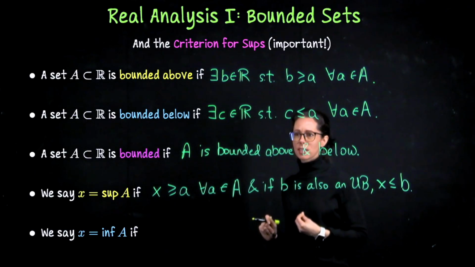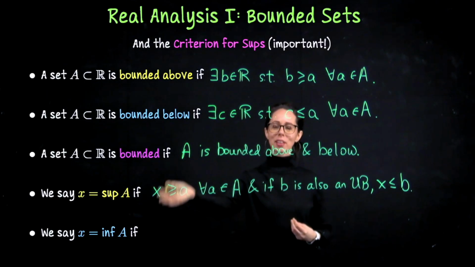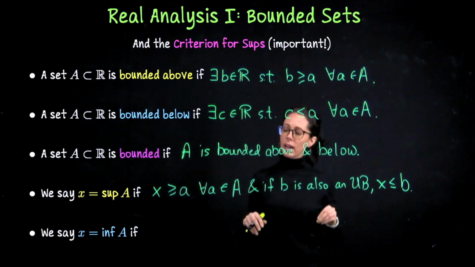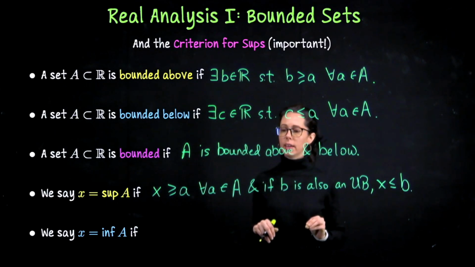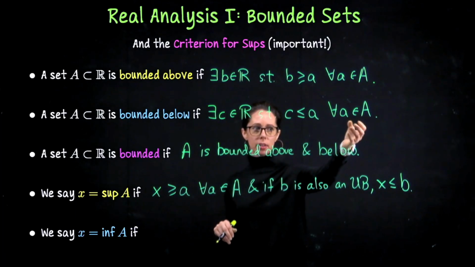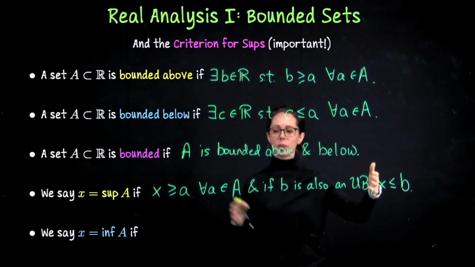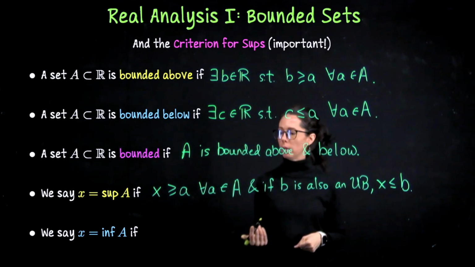We say that x is the infimum of A. Sorry if I'm overusing the letter x here, but new concept down here. A real number x is the infimum of the set A if it is a lower bound and it's bigger than all other lower bounds. So it's like the flip of this definition. We can call it the greatest lower bound as well.